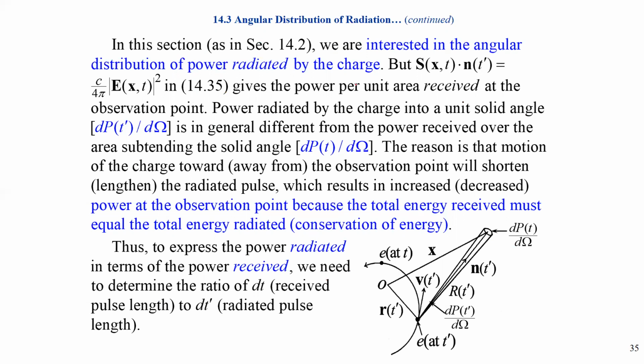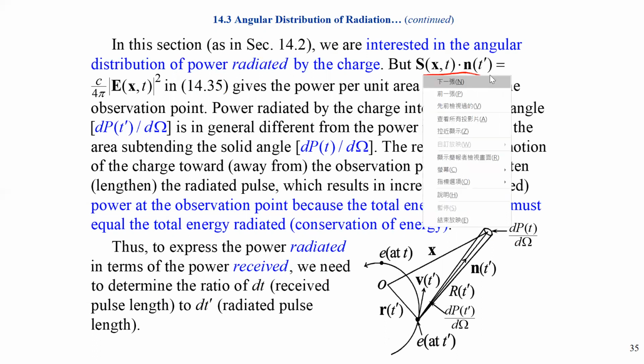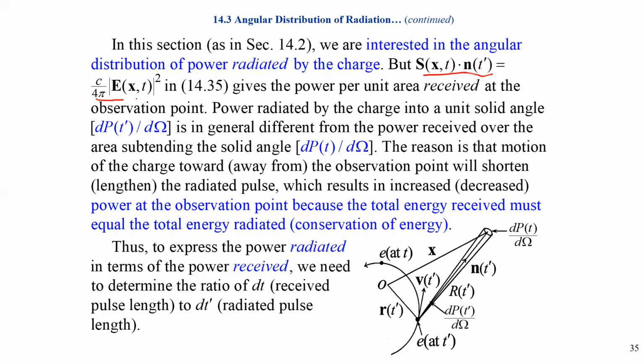The angular distribution of power radiated by the charge, not received by an observer, okay, by the charge. This gives the power per unit area received at the observation point. This is related to the power per unit area received at the observation point here.